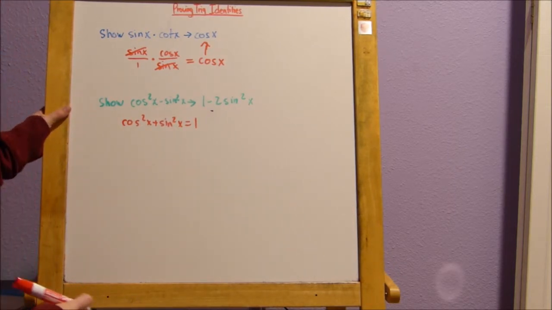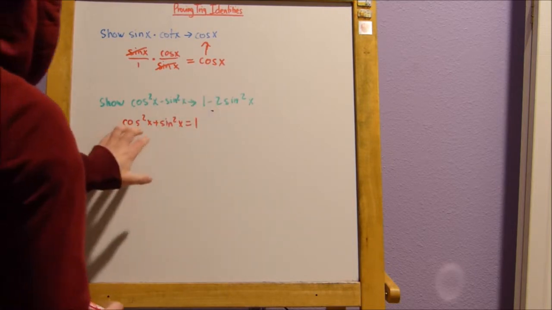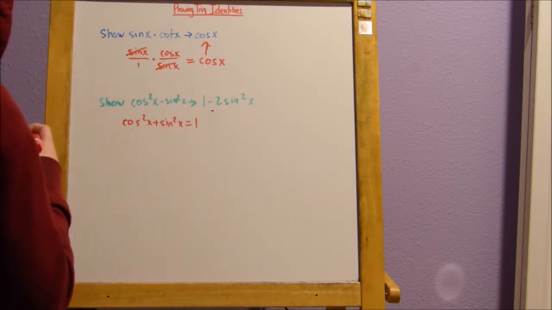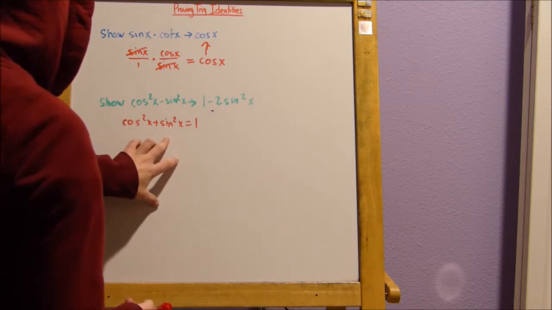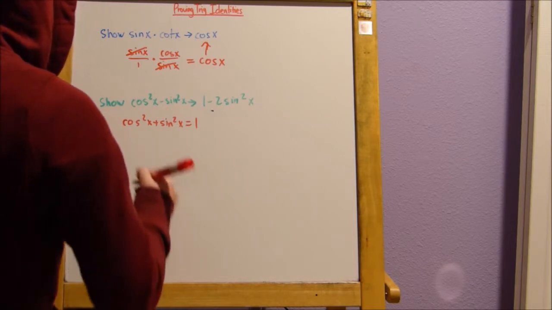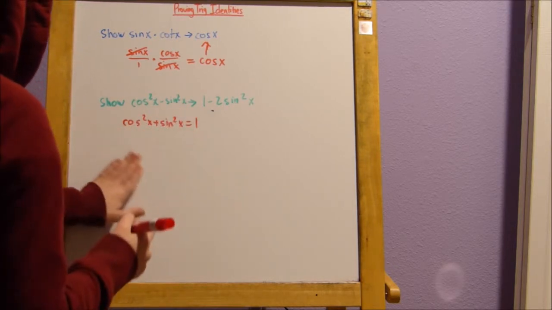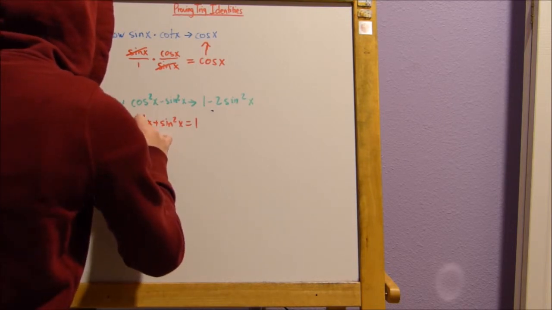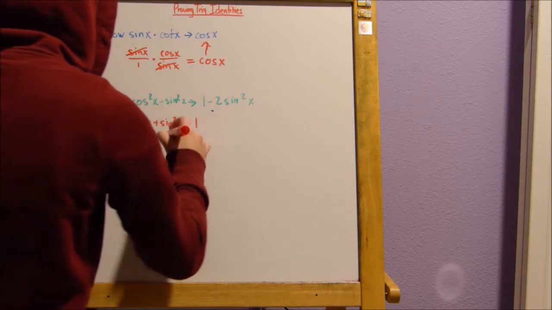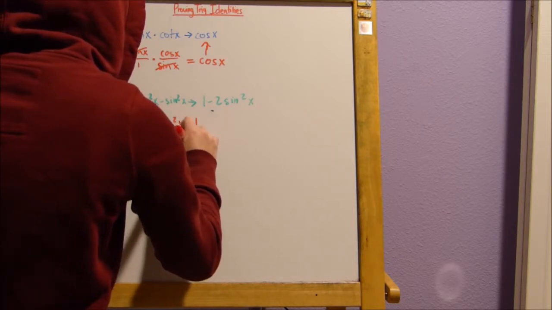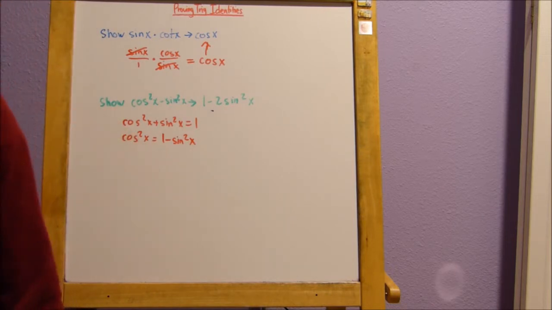So, because everything on this side is only in terms of sine, we should use this and convert it so that it only has sine in it. The way to do this is that we can solve for cosine squared x in terms of sine. So, cosine squared x equals, let's subtract sine squared x from both sides, 1 minus sine squared x.